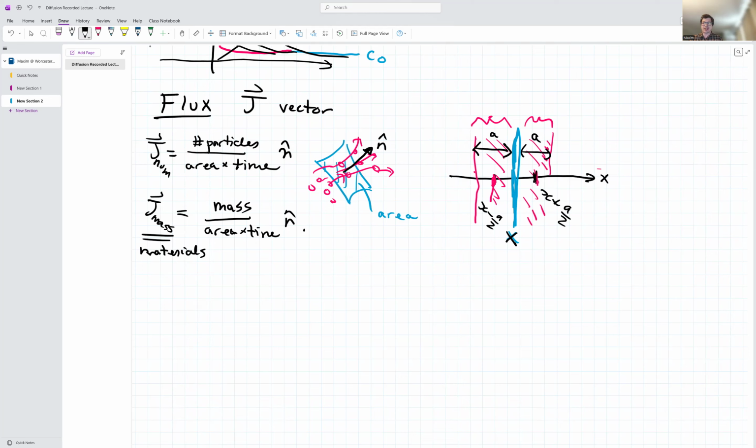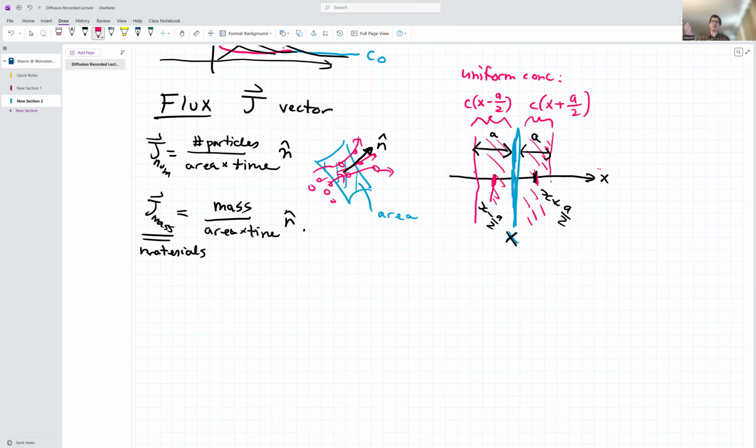The center is at x plus a over 2 for this one, and at x minus a over 2 for that one. And we're going to assume that the concentration in those blocks is just C of x minus a over 2 at the center, so uniform concentrations, and here it's going to be C of x plus a over 2.